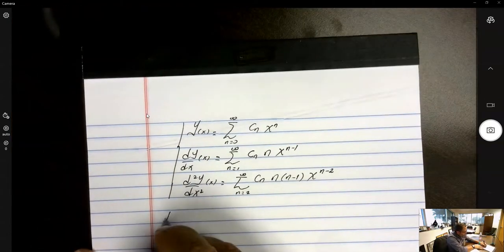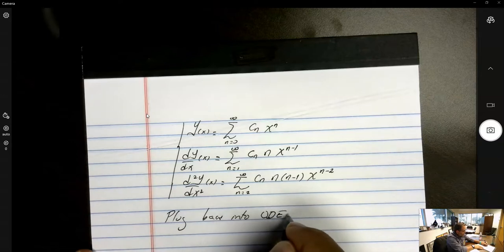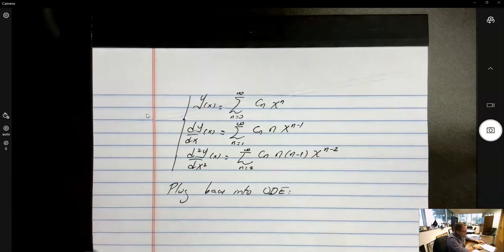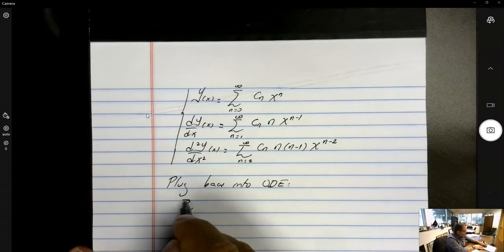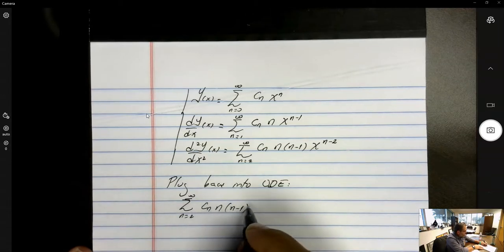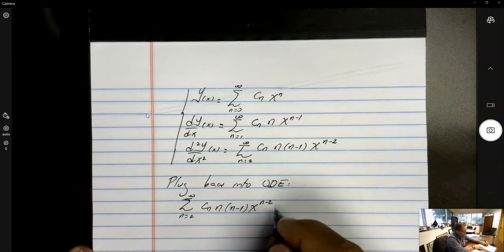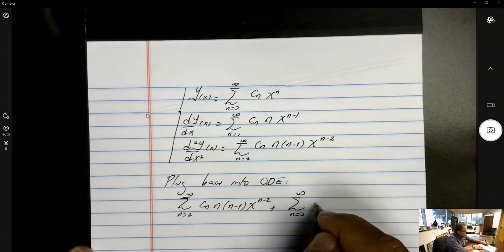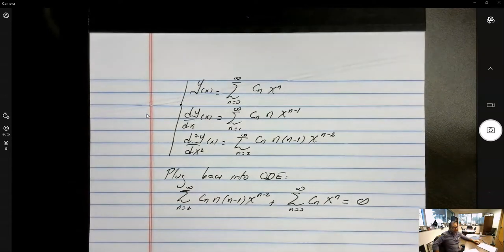So plug back into the ODE, and then I'll have the summation from n equals 2 to infinity of Cn times n times (n minus 1) times x to the power of n minus 2, plus the summation from n equals 0 to infinity of Cn times x to the n is equal to 0. Okay, that's what I have.